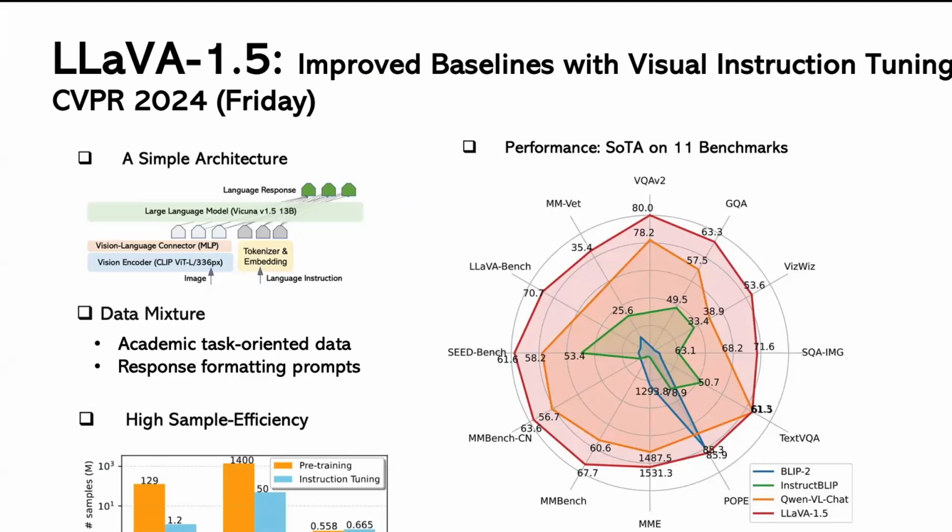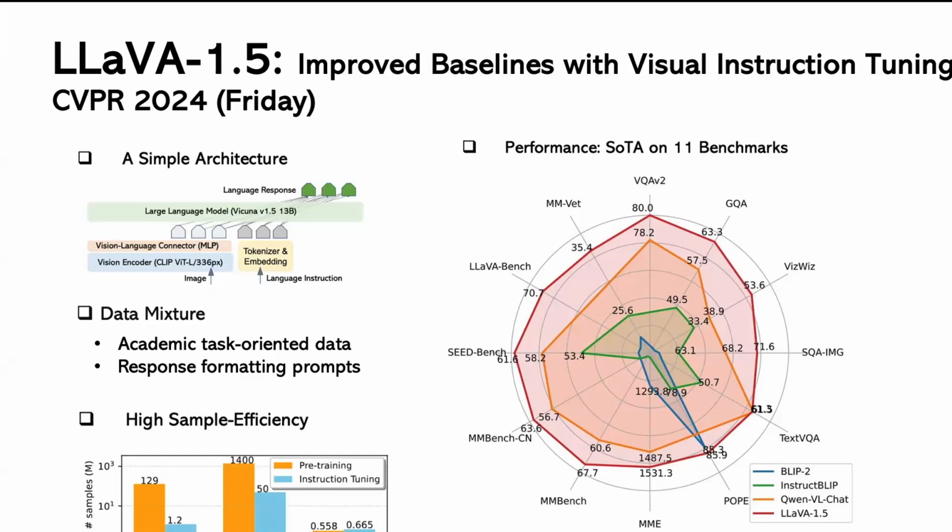But in the research community, we see that people are also interested in benchmark numbers. And so to push the performance limit for the Lava family, we combine the academic data into the training data of the original Lava. And this is the major modification we did to develop Lava 1.5.